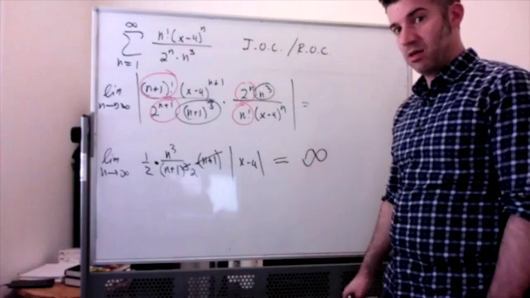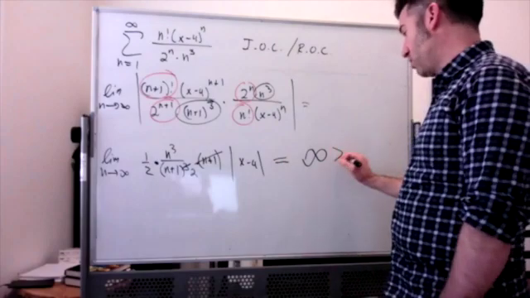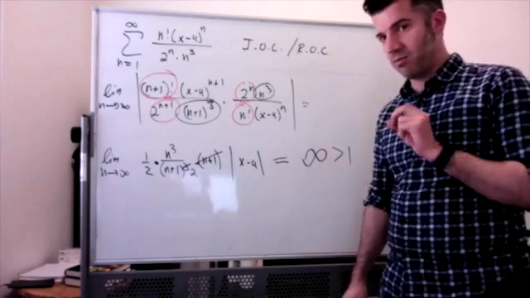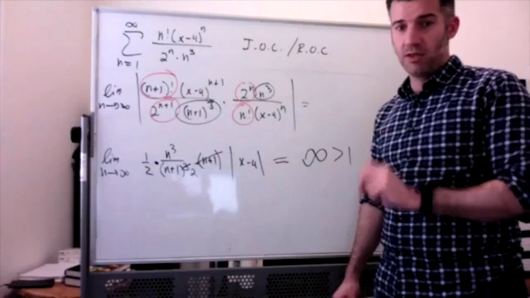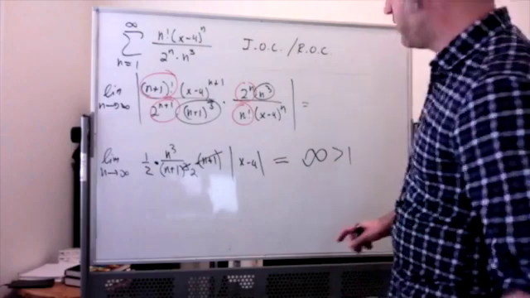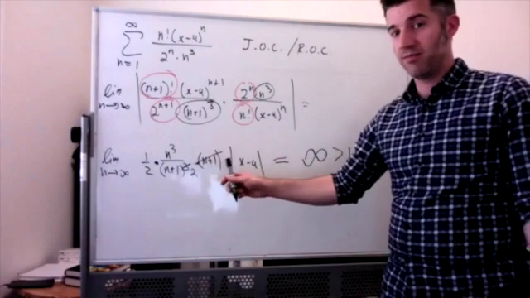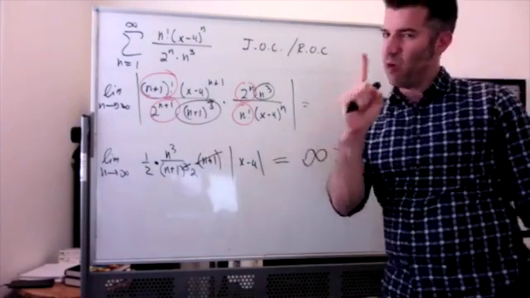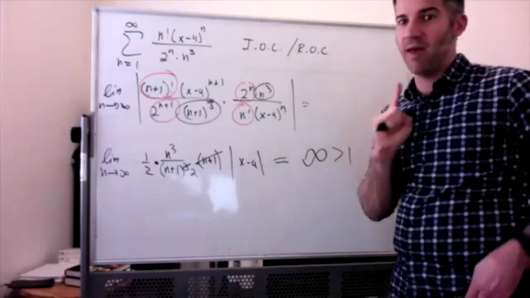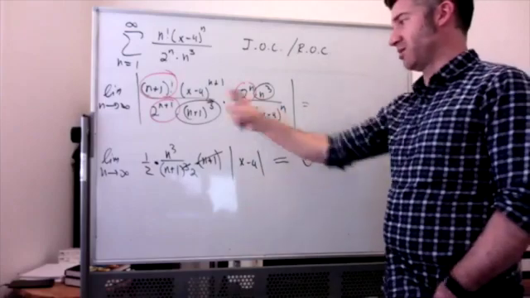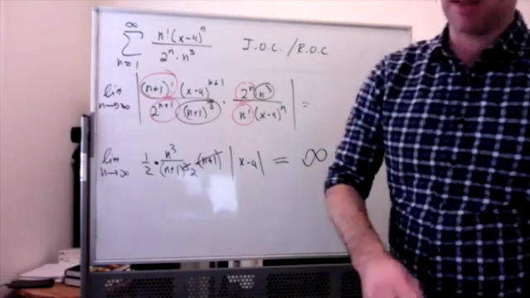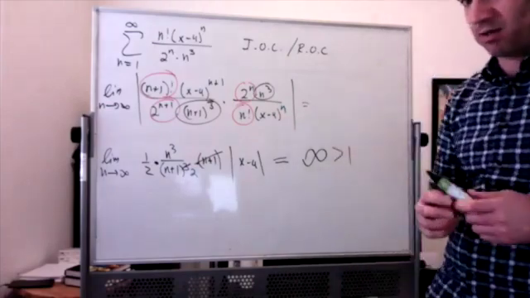Infinity, which is definitely bigger than 1. Now, there's more to say here than just the limit to infinity. If the limit is infinity, that means that this diverges. This diverges all the time with one exception. Can anybody think of the value of x that would make it so that this limit was not infinity? I'll give you a second to type in your possible answers in the chat.